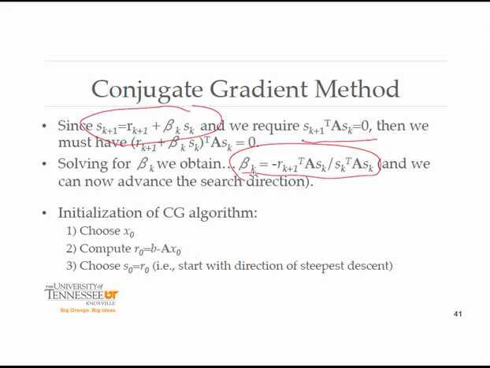Again, the numerator is a scalar and the denominator is a scalar. And again, because the matrix is symmetric, positive definite, we're not going to have a 0 denominator down there, because s k transpose A s k has got to be strictly positive. So you can see, again, the importance of that positive definiteness.